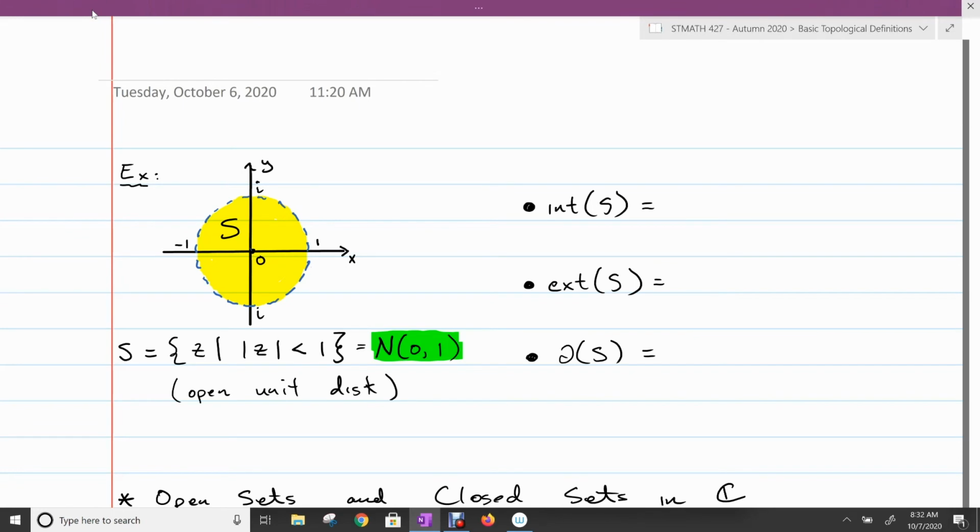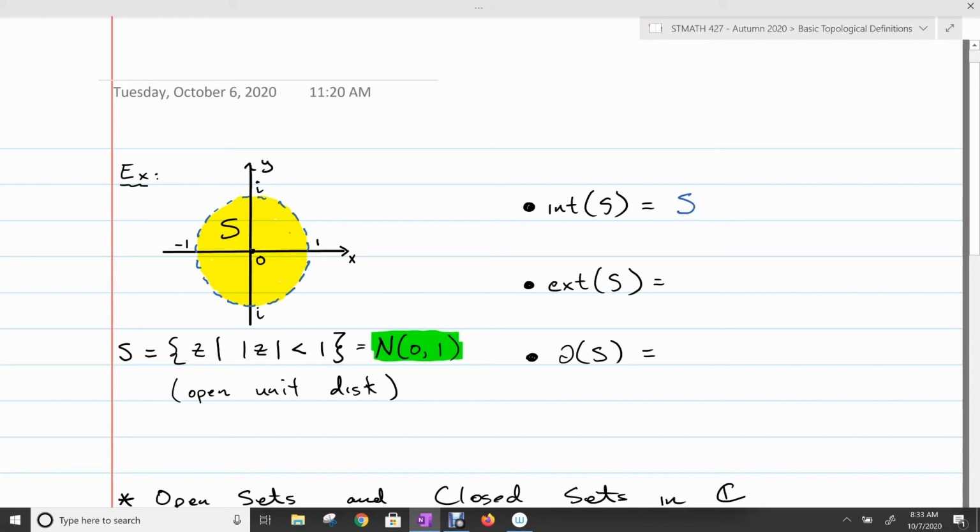The interior of S, those are the set of points around which you can find a neighborhood that stays entirely inside that set S. And if you think about it, this will actually end up just being the set S itself. Because if I take any point inside that disk, it's not on the boundary, right? Because the boundary is not included as part of that disk.